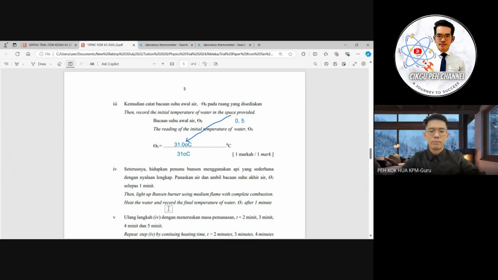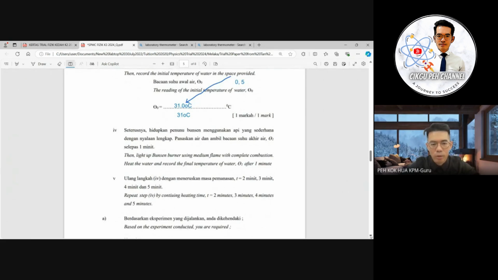Then next, light up the Bunsen burner using a medium flame, using complete combustion. Heat the water and record the final temperature. After 1 minute of heating, you have to take your reading. After that, second, third, fourth, and fifth minutes, you also take your reading.